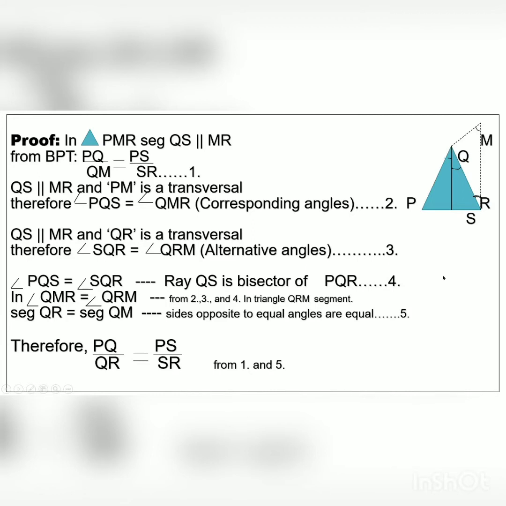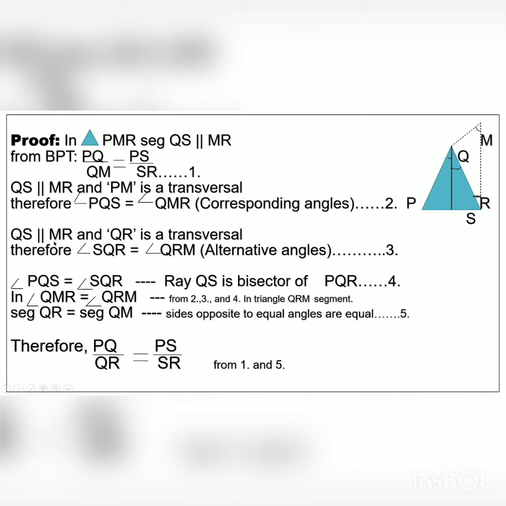Again, on parallel lines QS and MR, QR is also a transversal line. So angle Q and angle R, both angles are alternate angles, which are also equal.